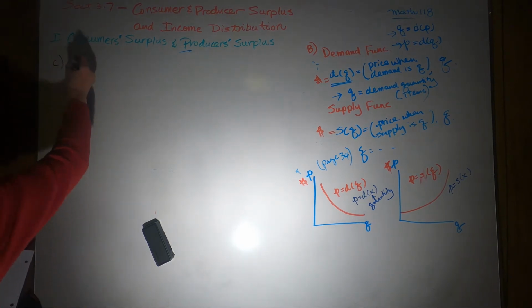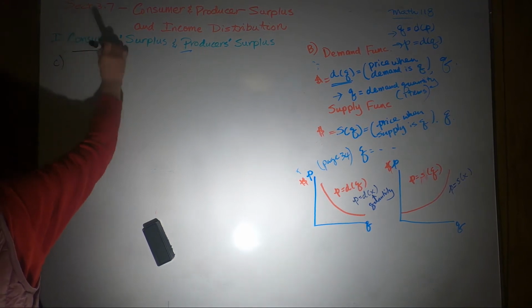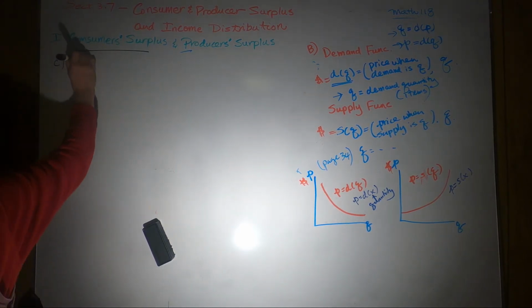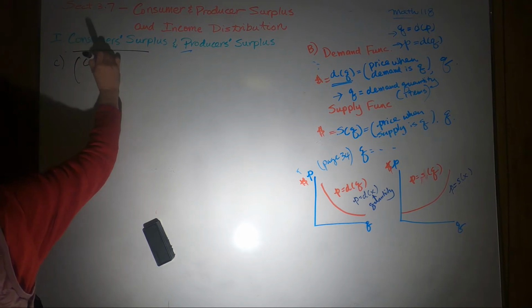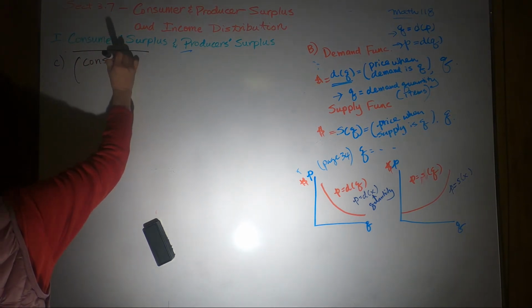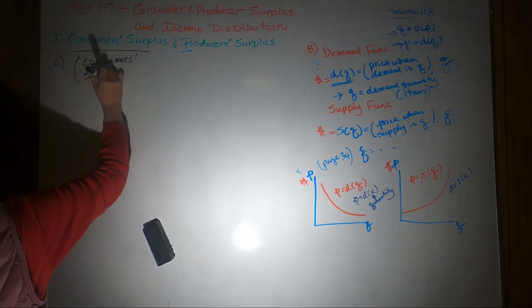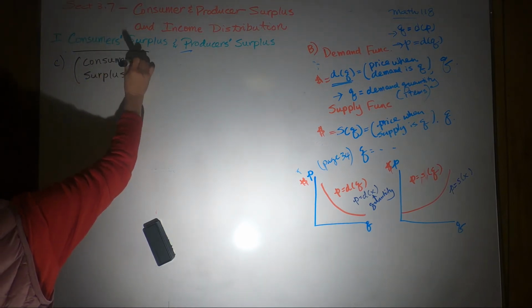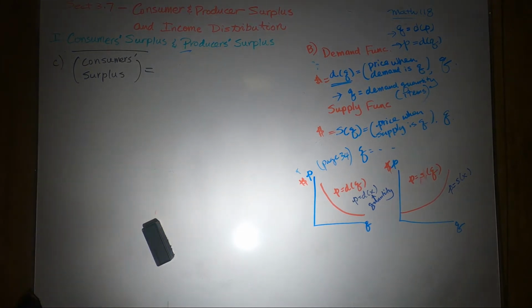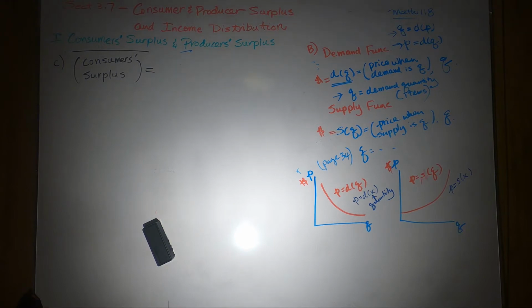Okay, so for consumer surplus, let's see, how we are going to calculate, right? That means for the market price, the price consumers are willing to pay minus what? The market price. That would be their extra, right?